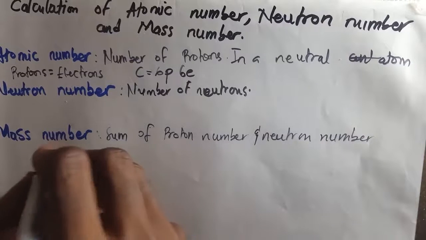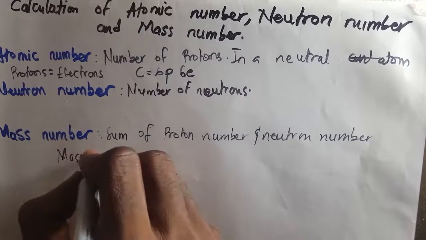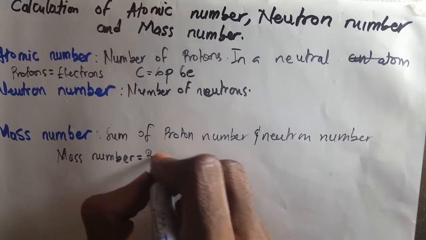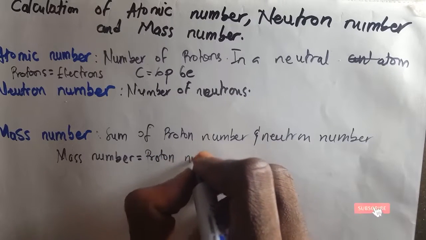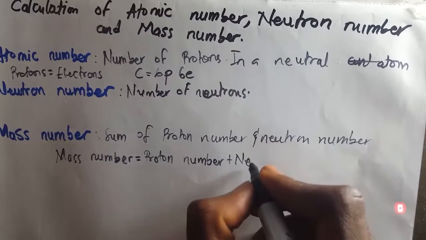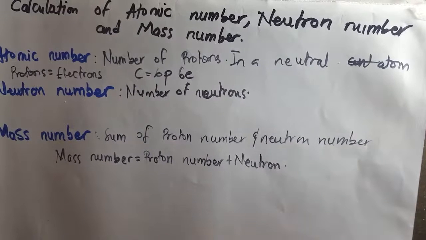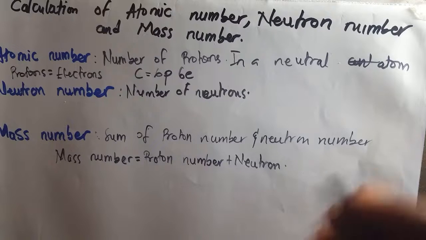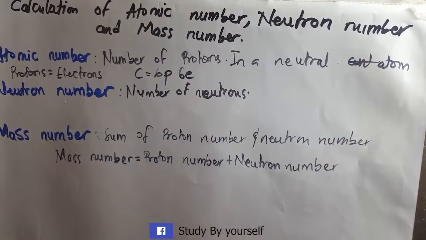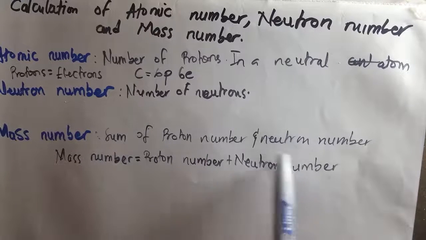So we can say that mass number equals proton number plus neutron number. You can be given a question where the proton number and the neutron number are given to you, and you have to find the mass number. So you just sum them and get the mass number. Or there could be a case where you'll be given the mass number and a neutron number. You have to substitute and then find the proton number.